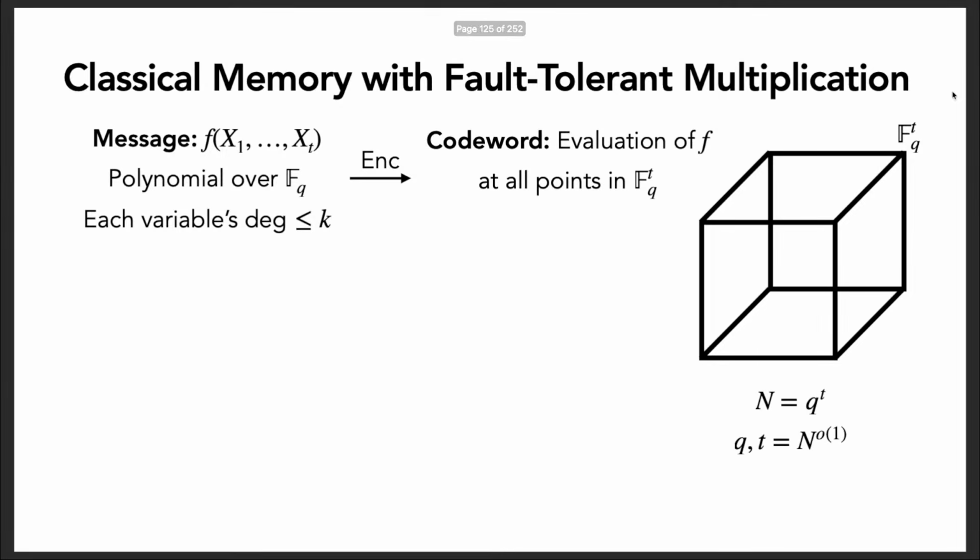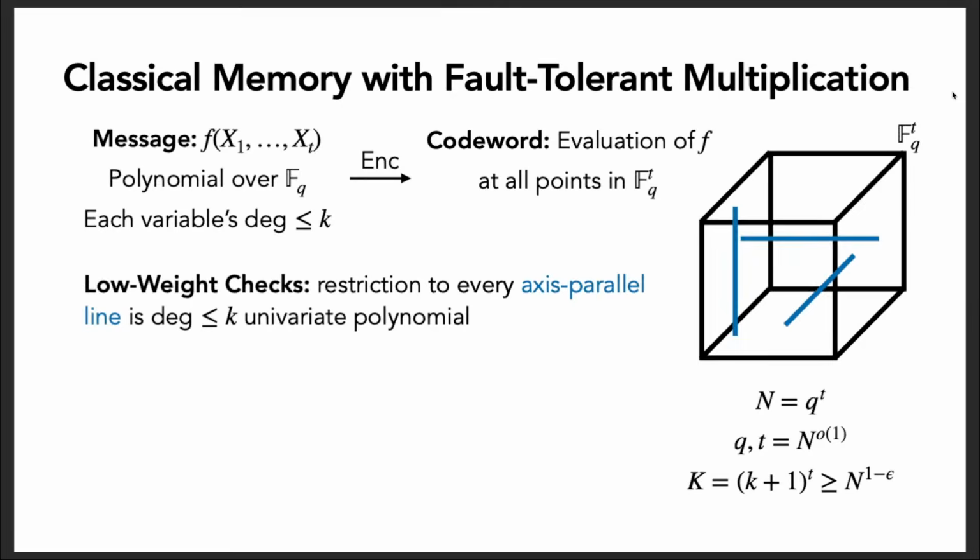The length of the code is q to the t. As long as q and t are both growing simultaneously, then q and t are both subpolynomial in n. If we choose parameters right, the number of logical bits is also almost linear. And this code has a lot of low weight checks.